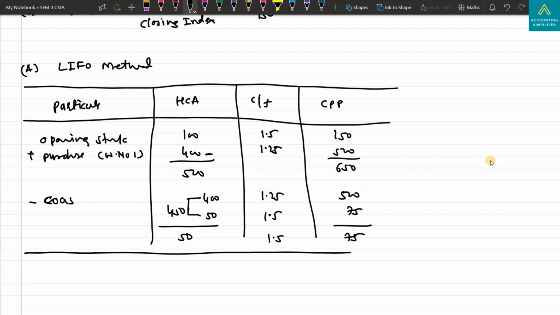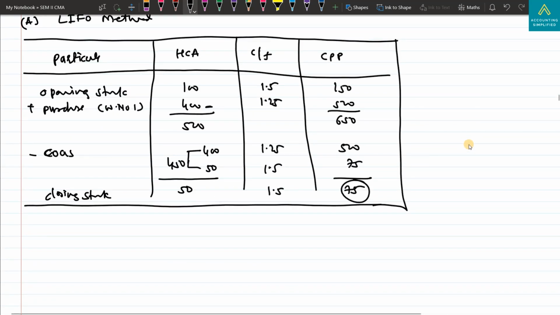I know I am calculating speedily, but you can calculate your own. So last in first out method, this is nothing but closing stock. So closing stock, the value is 75 rupees.